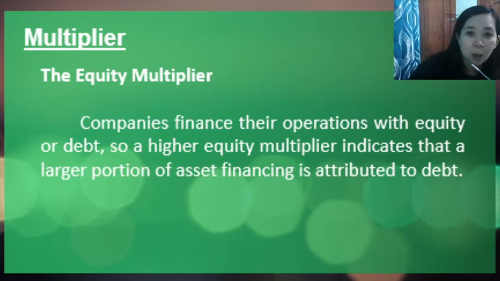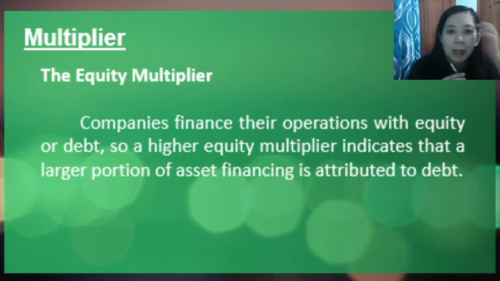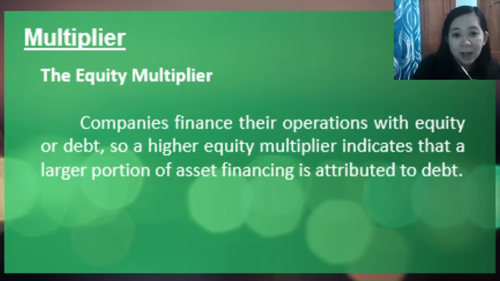So this is how we use the equity multiplier. Again, if there is a higher equity multiplier, it means assets are greater. For example, if your equity multiplier is 20, it means only 20% of the asset is from the owners and 80% is coming from the creditors.